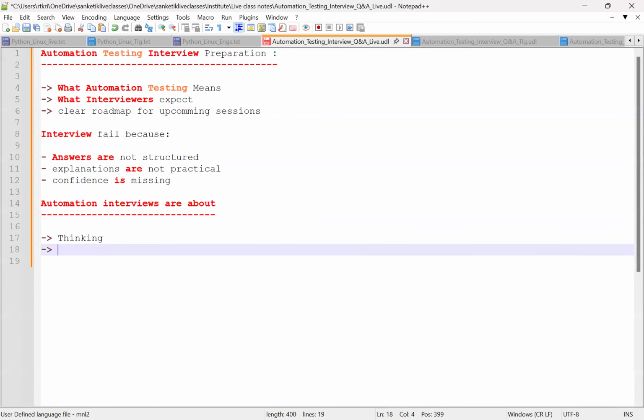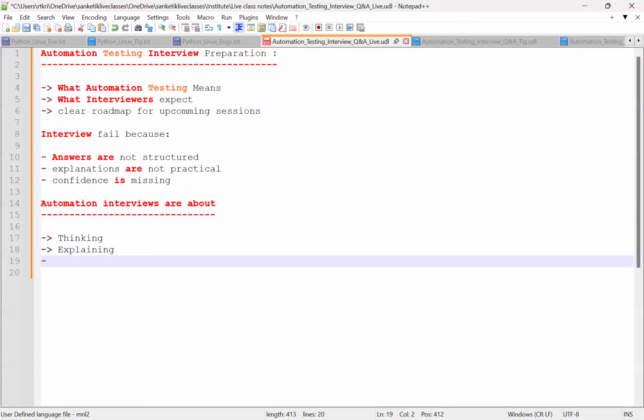Second thing, explaining, the way you explain. Next, third one is justifying your choices. First, we need to think, and whatever we think, we need to explain in a proper way. Next thing is how to justify our choices.